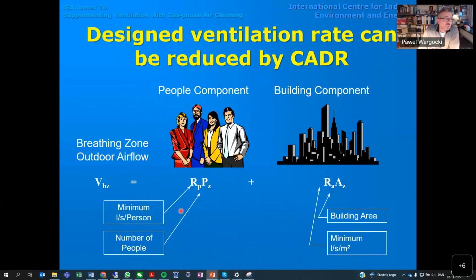And then what we can do, if we have the principle of estimating the ventilation requirement, and depending on where the effect is seen, whether for the people part or the building part, all of this together, then we can credit the contribution of the ventilation when using the air cleaner.